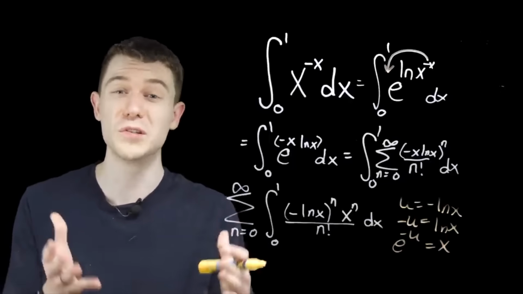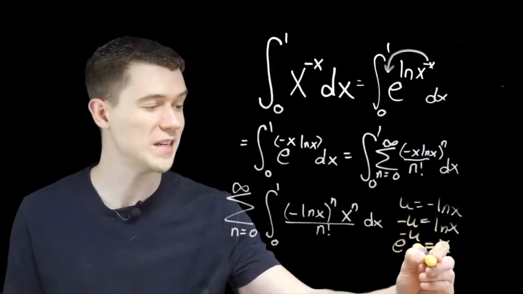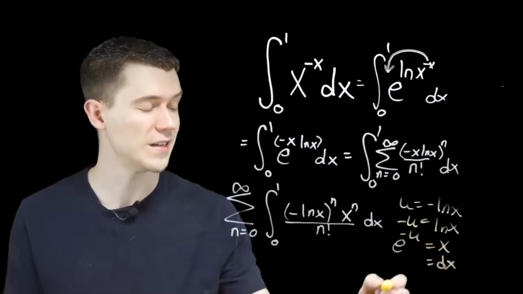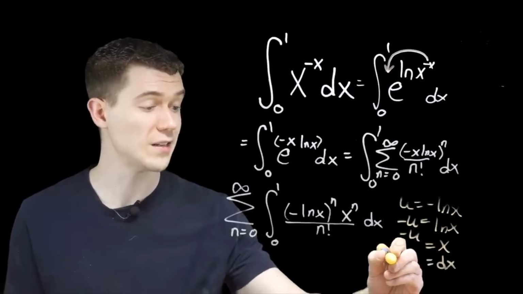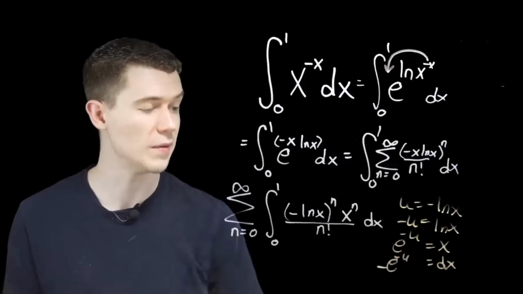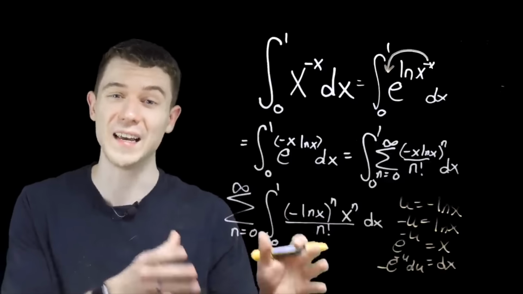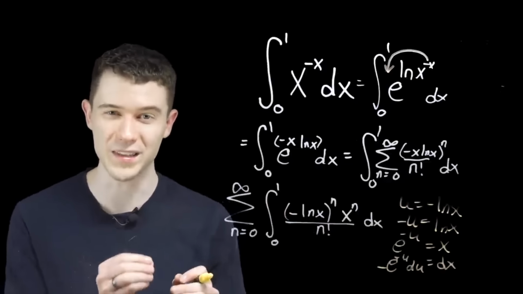Also, of course, when we're doing this change of variables, we need our differentials to change. We need to find what dx will be. The derivative of e to the minus u is e to the minus u, but it has a negative here, so I need to multiply by a negative du. So we figured out our substitution and our dx. Let's rewrite this integrand.